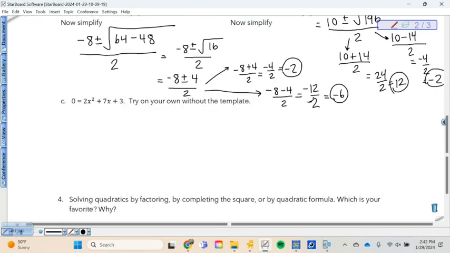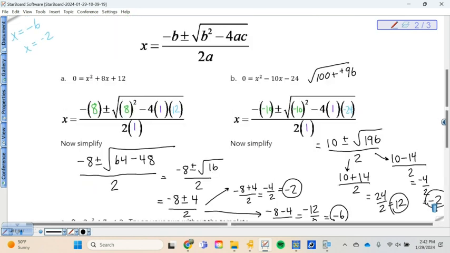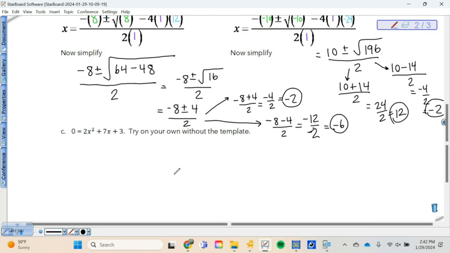Let's try one last one. What's my A in part C? What's A? 2. What's B? And C? Okay. They don't give us a template this time, so we have to just write it out. So I start with negative B. Negative 7.